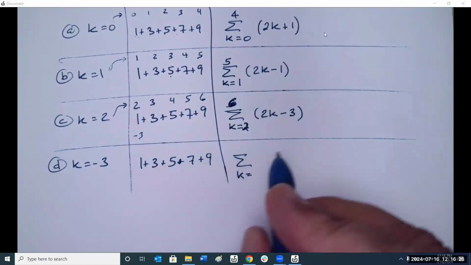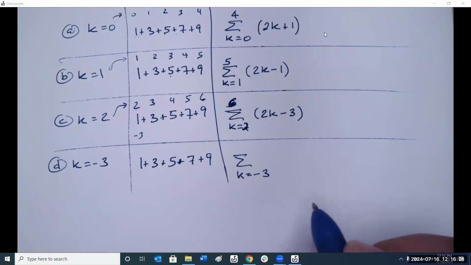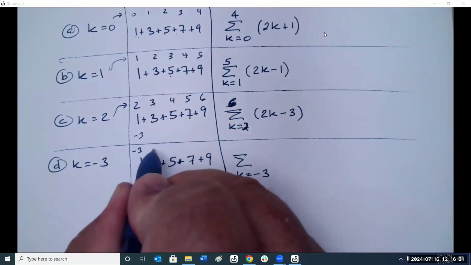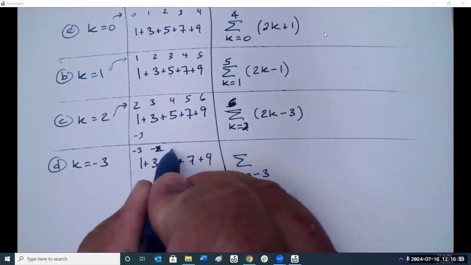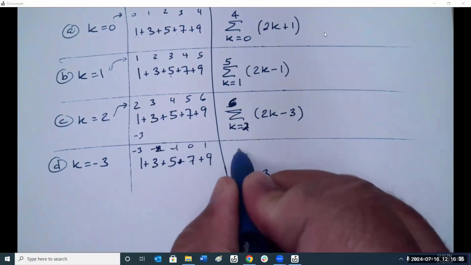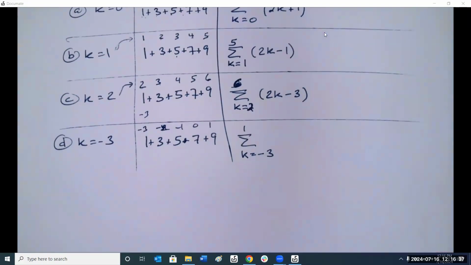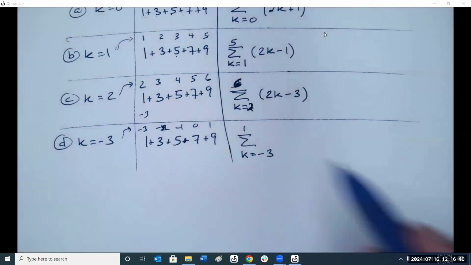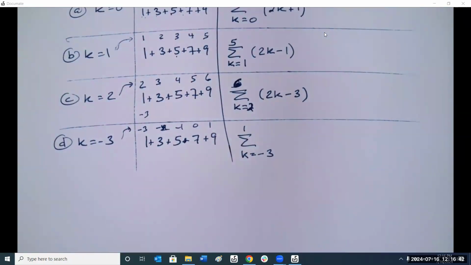This one starts at negative 3. So it's negative 3, negative 2, negative 1, 0, 1. So it stops at 1. These are my k values. Negative 1 minus 2?